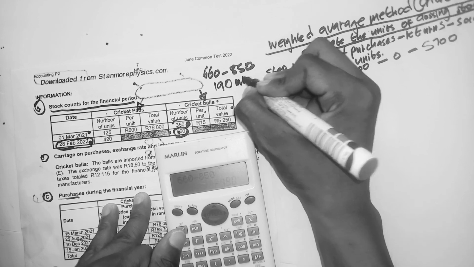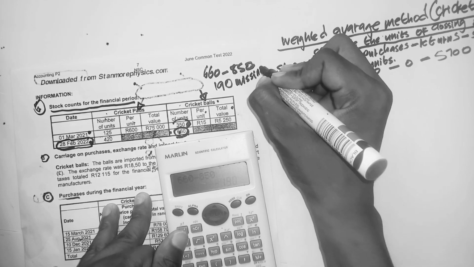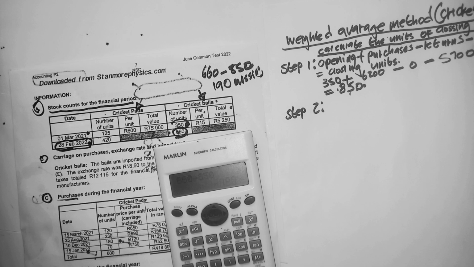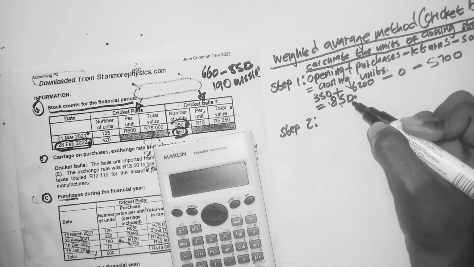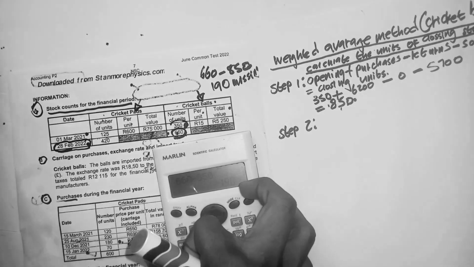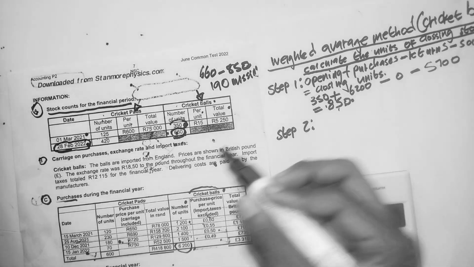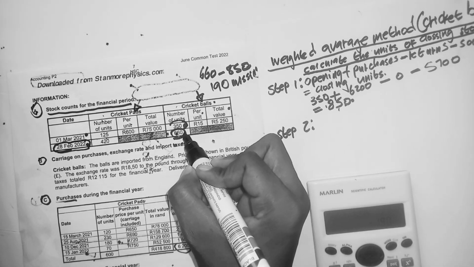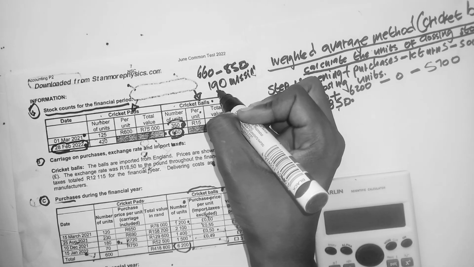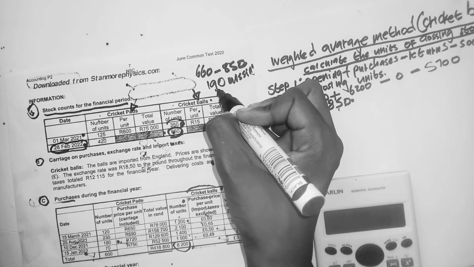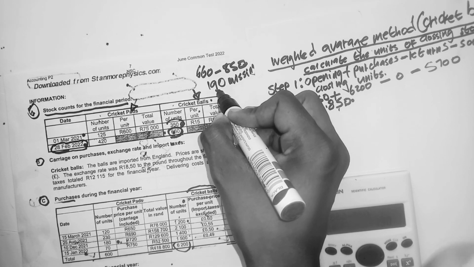That's the missing or stolen, 190. Why do we say it's missing? When we calculate, we find out that we are supposed to have 850 cricket balls, but they gave us 660, which means they are short by 190. So we assume the 190 is missing or stolen.